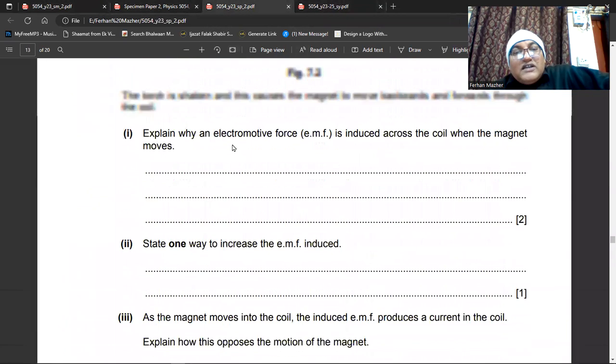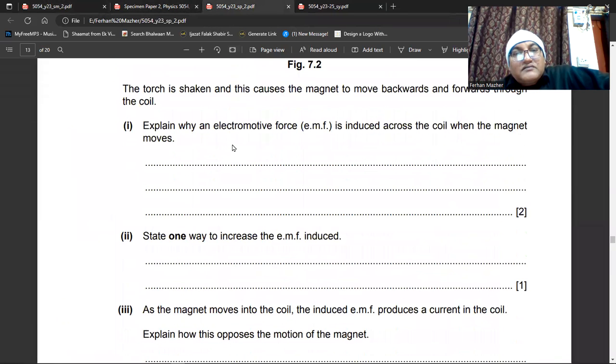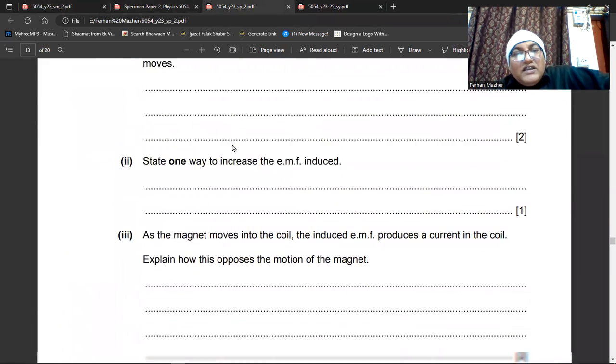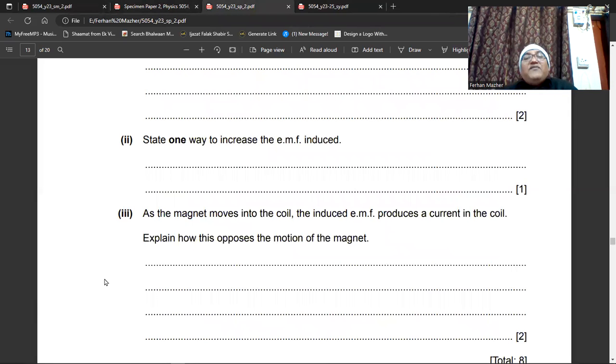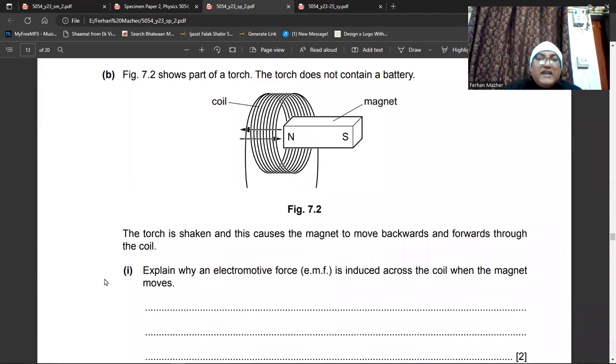Then we have B, second part. State one way to increase the EMF induced. You see, in this system, if you want to increase the EMF produced in the coil, there are some methods. First method is use a stronger magnet. Second method can be move the magnet in and out faster.